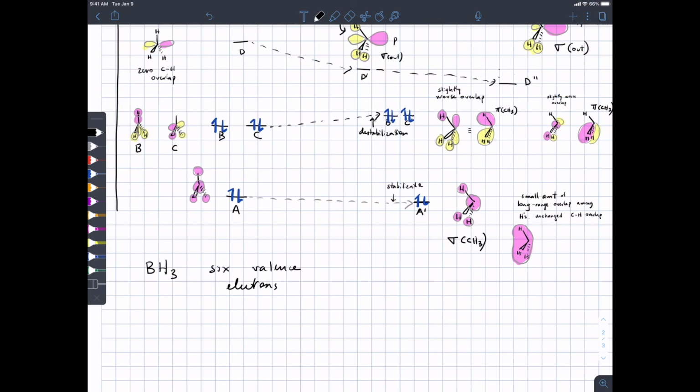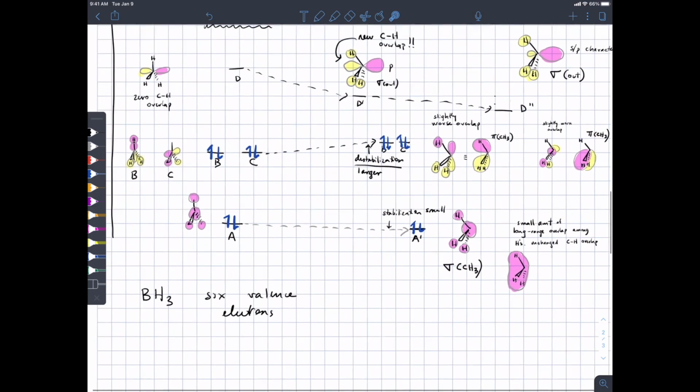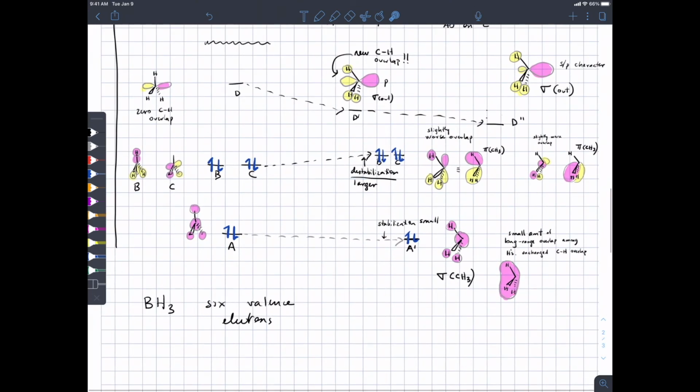And it turns out that the destabilization here is larger than the stabilization here. Stabilization, small. And so for BH3, if it distorts its geometry from planar, those electrons are going up in energy. So it prefers the planar geometry.